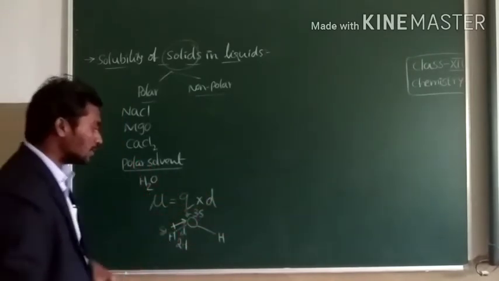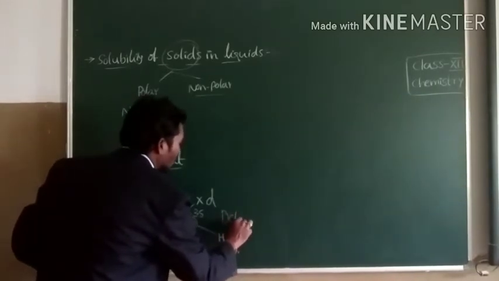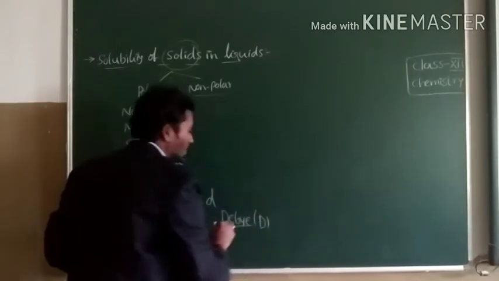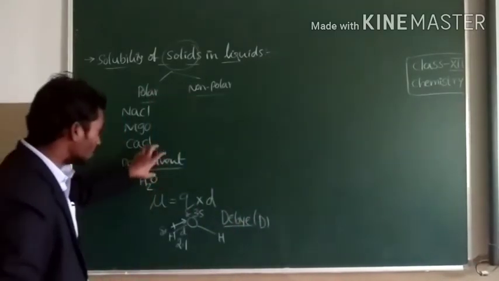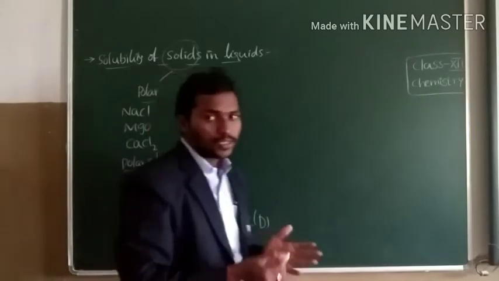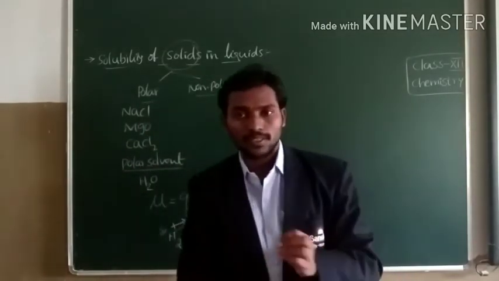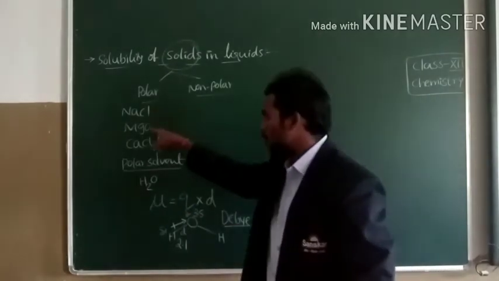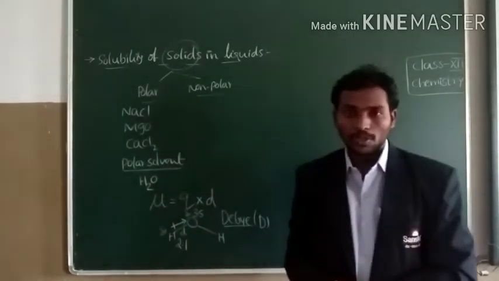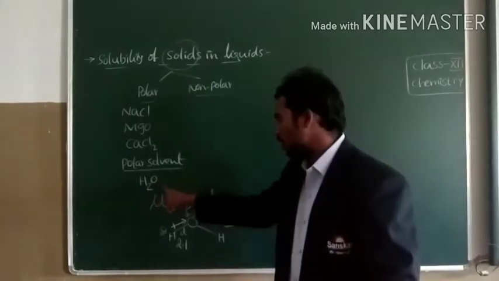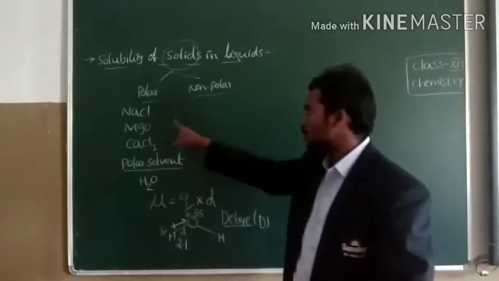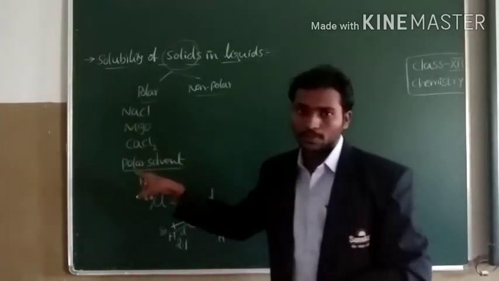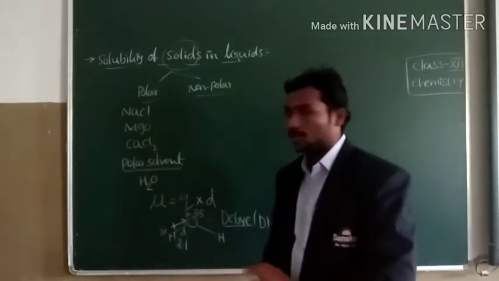This dipole moment is expressed in debye. The unit of dipole moment is debye, with notation D. So the solvents which have a resultant dipole moment value are called polar solvents. Example, water. In general, polar solids are readily soluble in polar solvents because polar solvents have high dipole moment value. That is the reason why ionic compounds or electrovalent compounds are readily soluble in polar solvents.